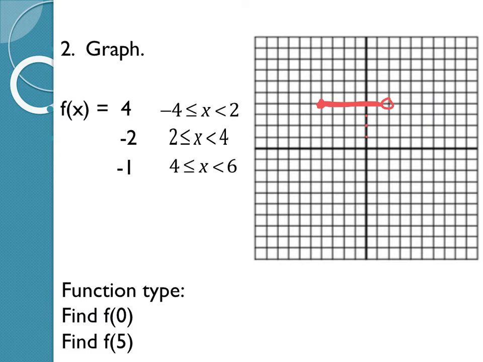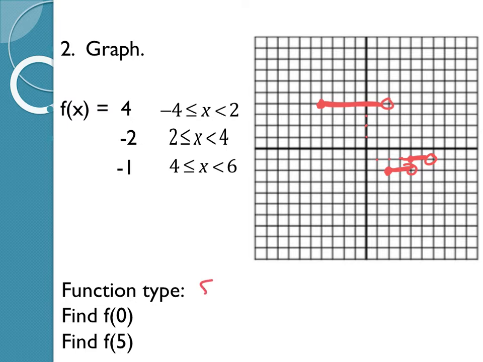Then we're going to go to negative 2. We're going to go to 2 and close. Go to 4 and open. Then negative 1. We're going to enclose 4 and open 6.